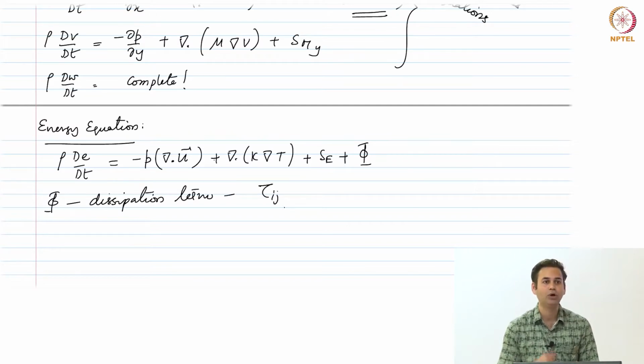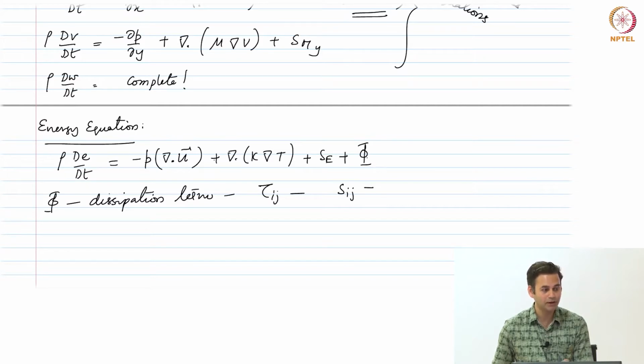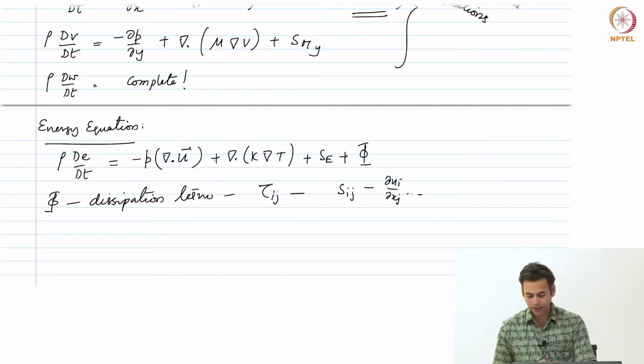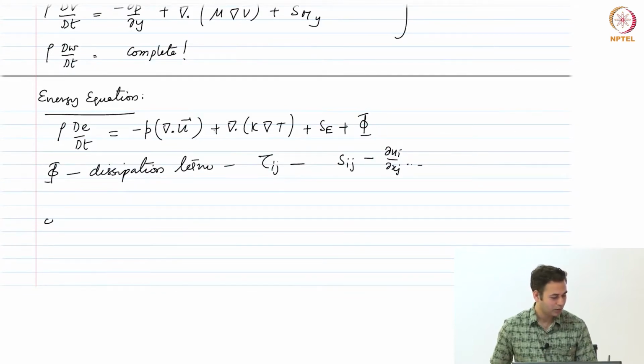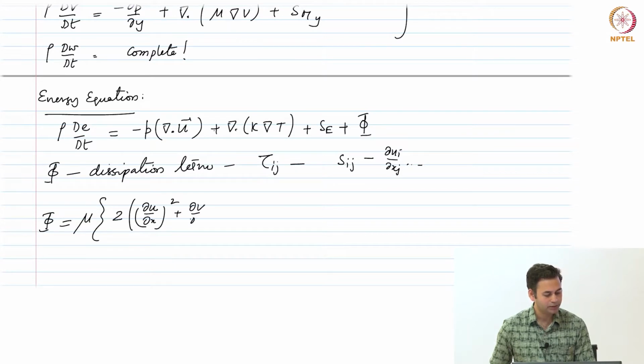We had several terms. Now, what you have to do is plug in the tau ij viscous stresses in terms of the strain rates, to eventually get all these terms in terms of partial ui by partial xj and so on, okay. If you do that, what you would see is phi would read as mu times 2 times [(partial u partial x) square plus (partial v partial y) square plus (partial w partial z) square], okay.